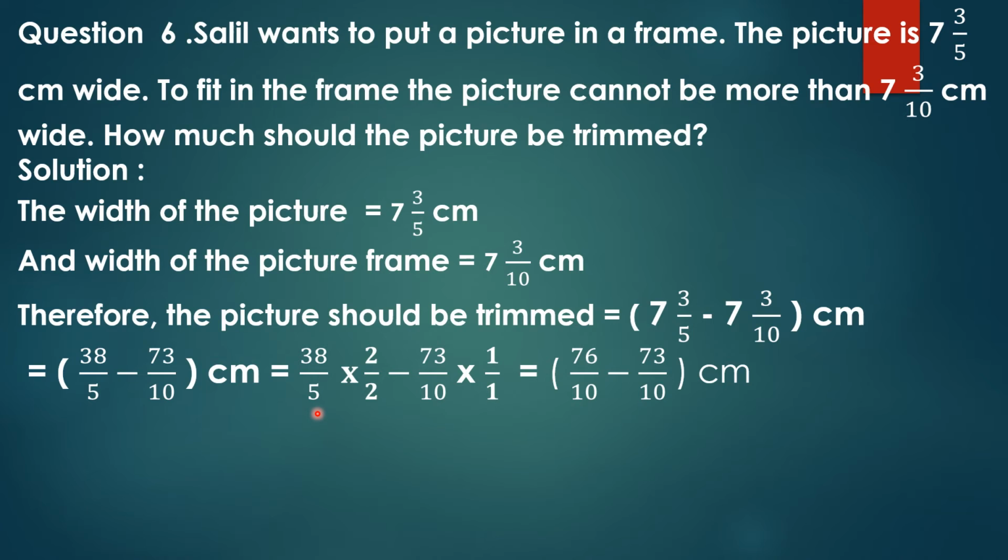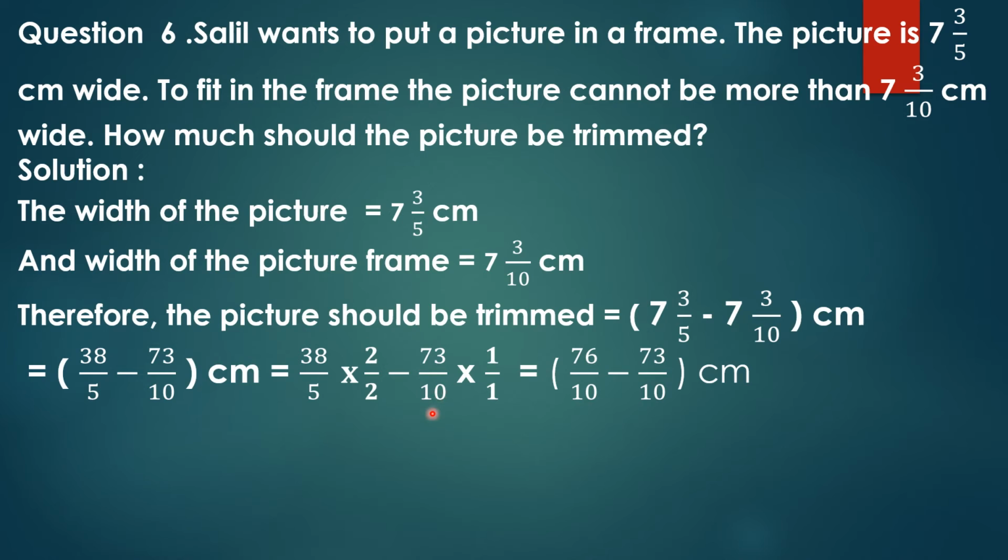That is, we have to convert the unlike fraction into an equivalent fraction so that the denominator is 10. Therefore 38 by 5 into 2 by 2, because 5 2s it is 10, and when we are multiplying the denominator, multiply the numerator also. Therefore this will become 38 by 5 into 2 by 2 minus 73 by 10.